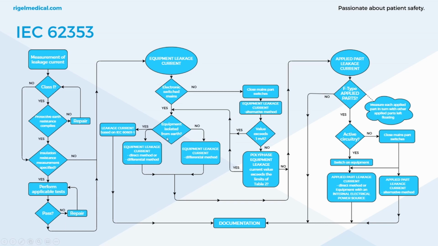This is because it's comparable to the direct leakage that's found in 62353, so there is crossover. So in this standard it is possible that you can still carry out a leakage current test according to IEC 60601, but it gives you the options depending on how your configuration or your mains equipment is configured.